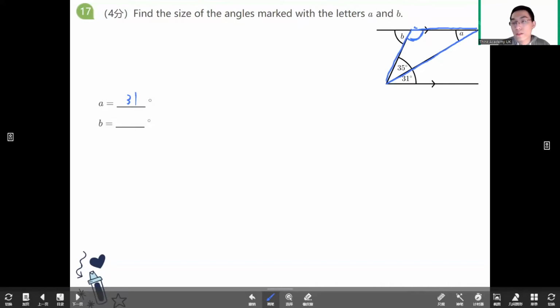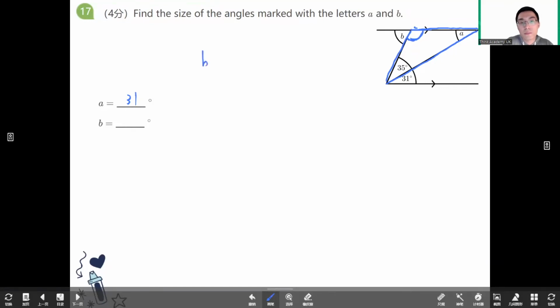The exterior angle theorem states that the exterior angle of any triangle is the sum of the two other angles that are not neighbors of this angle.